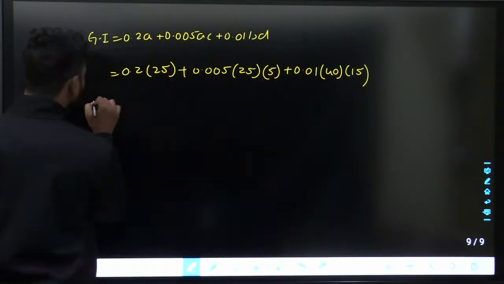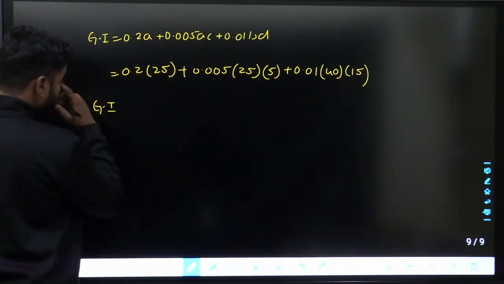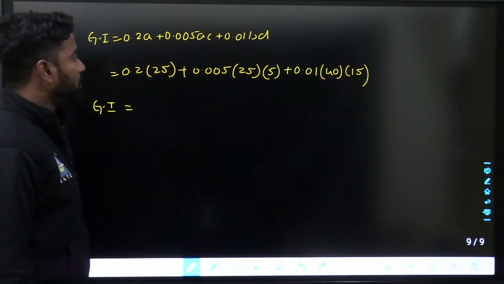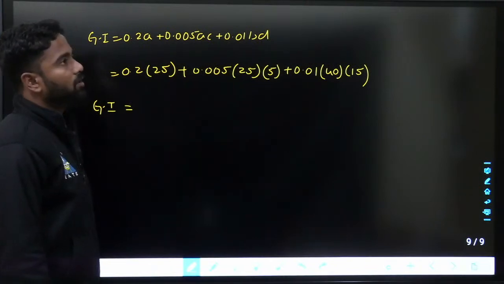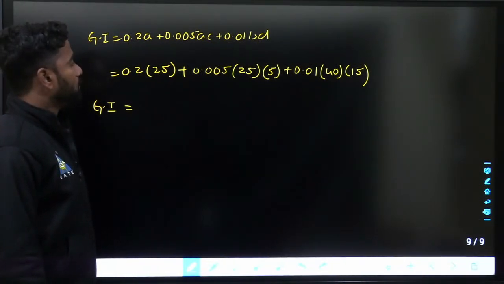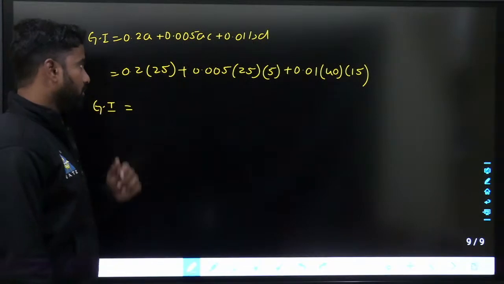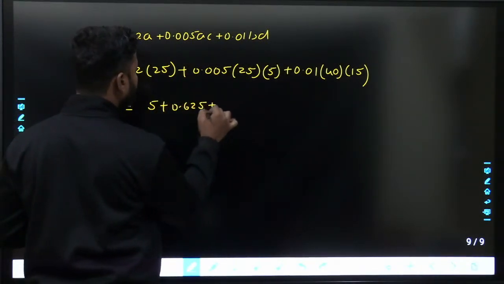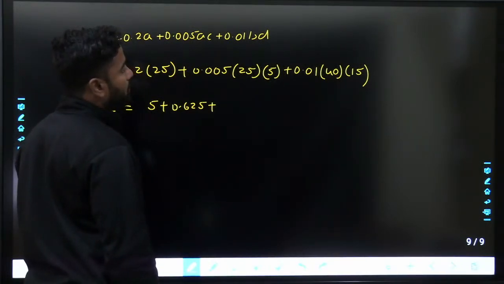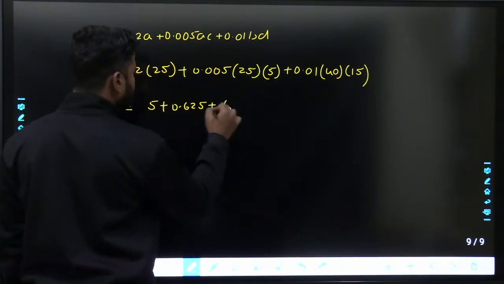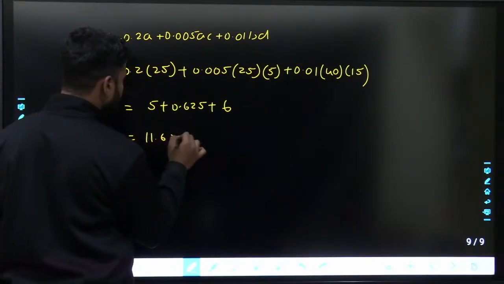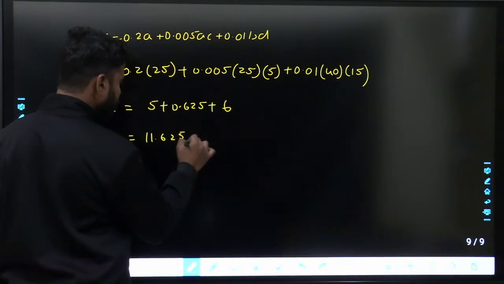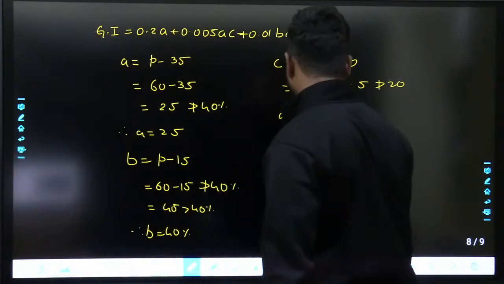So, the group index value is 5 plus 0.625 plus 6, I think it is 11.625 you will be getting, right? 11.625.